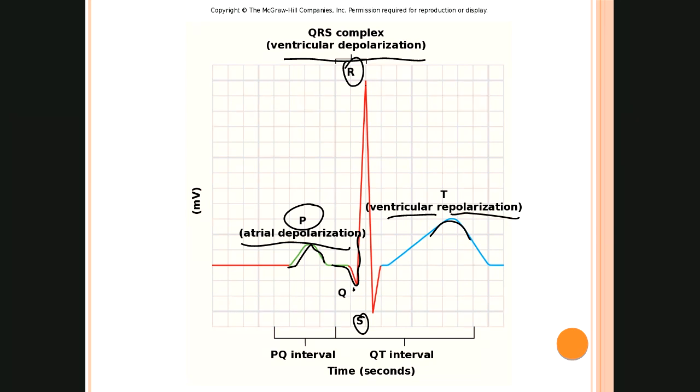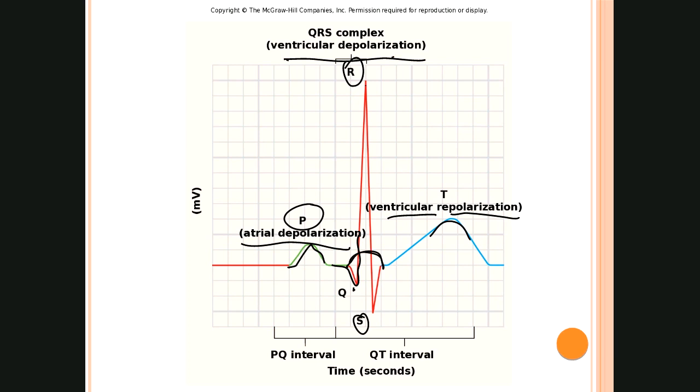So the atria depolarize and then repolarize. Then the ventricles depolarize and repolarize. Notice that atrial repolarization is not seen in the EKG. The reason is that it occurs at the same time as ventricular depolarization.